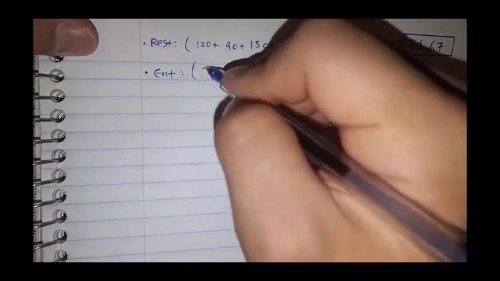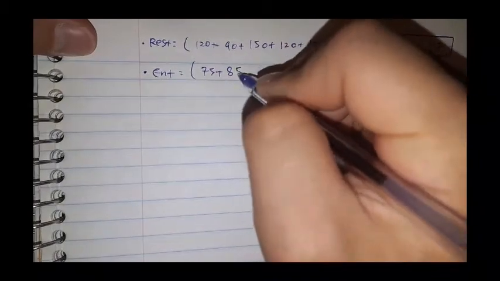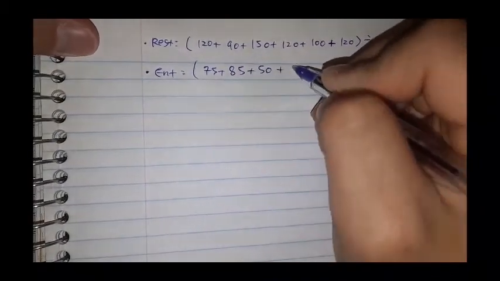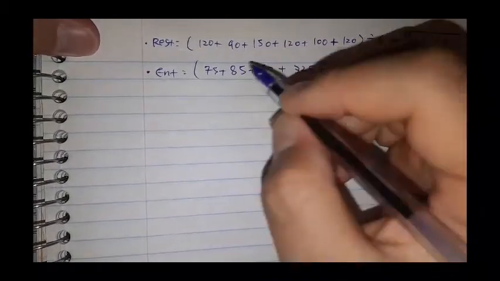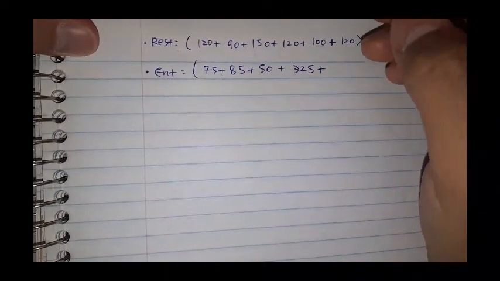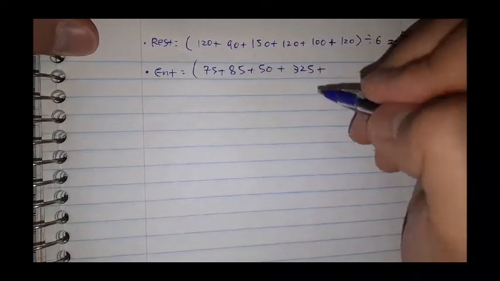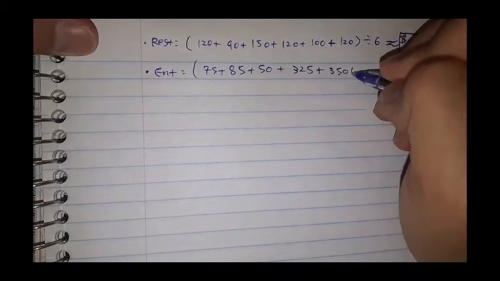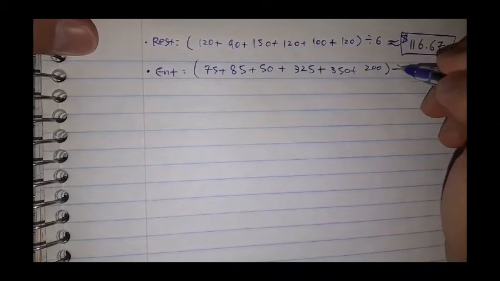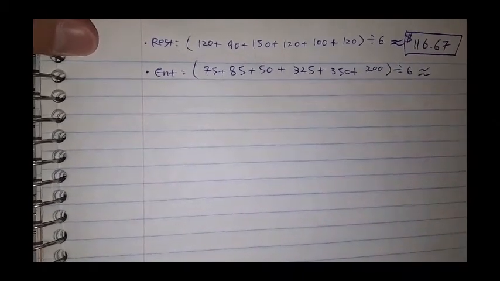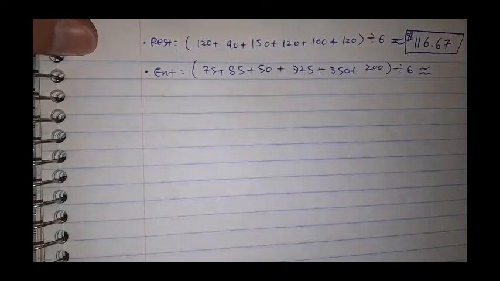Entertainment. This person used entertainment quite regularly. There's some unexpected payment for the fourth month, 325, and the fifth month, holy moly, 350, 200. If there's a budget planning, entertainment is actually one of the easy ways to save up some of the money.